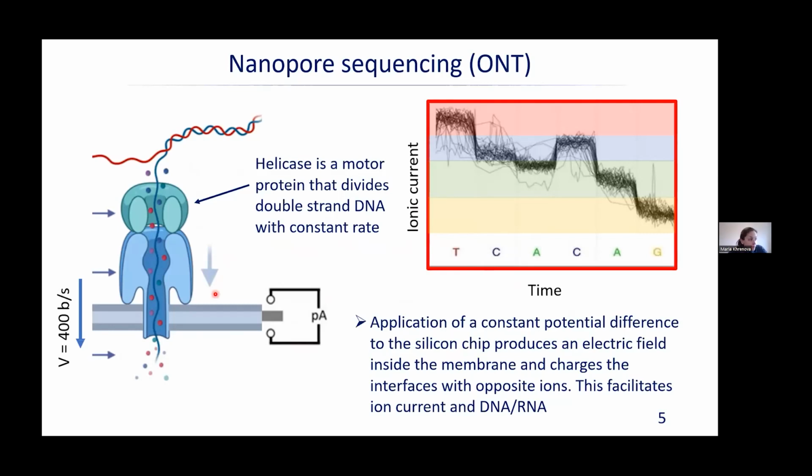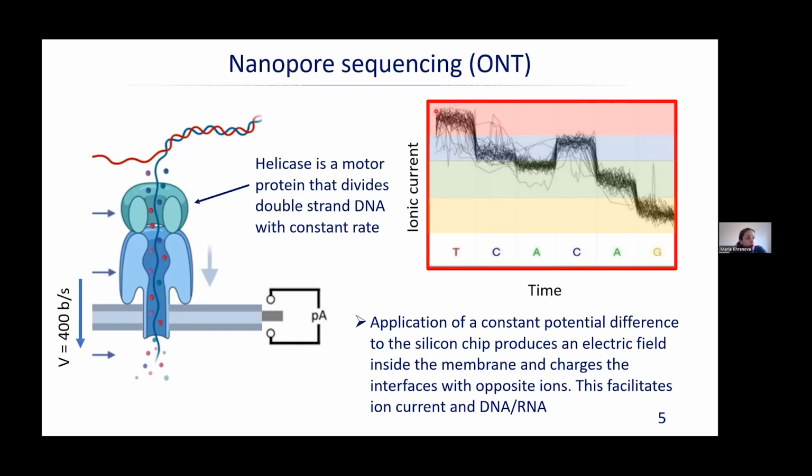There are four bases, T, C, A, and G. All of them have their own size, and when crossing through the pore, they block different parts of the pore, and this results in differences in the degree of current.